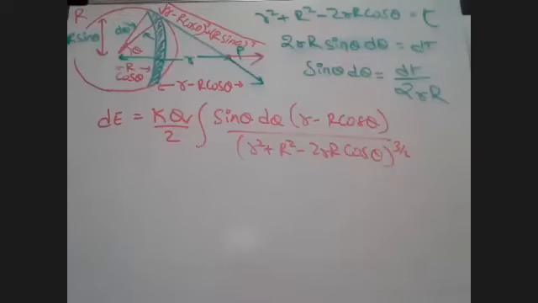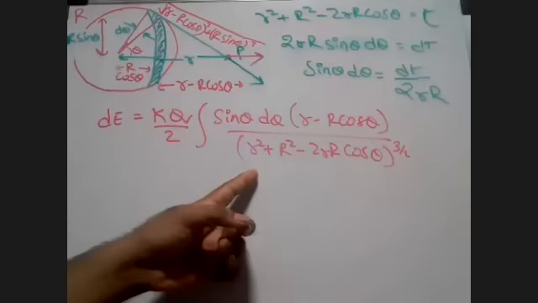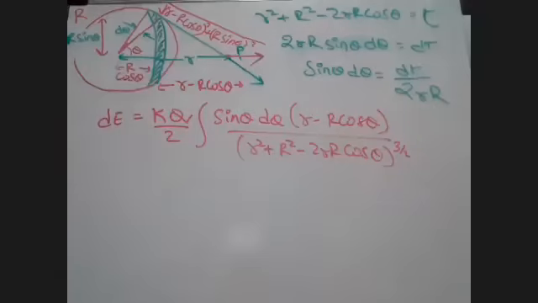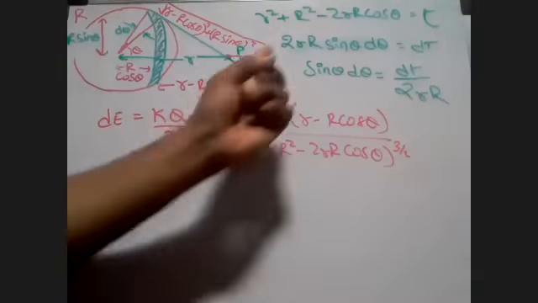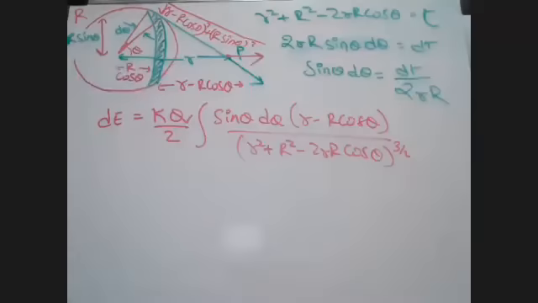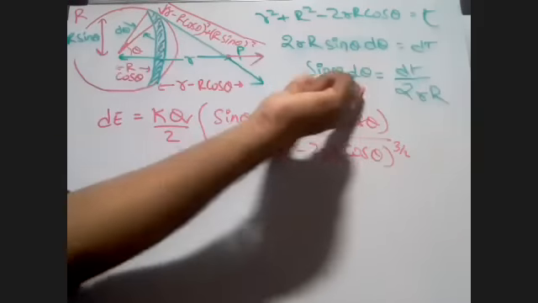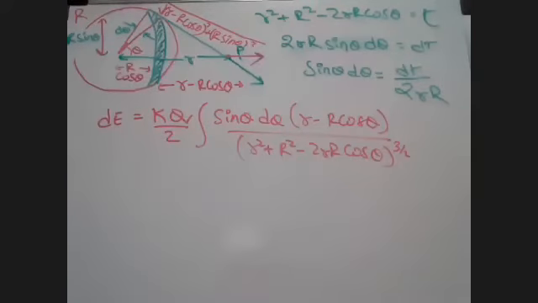Okay, so I've just rewritten these terms again, and you can see that I've written the denominator above as equal to t. When I differentiate it, what I will get is 2rR sine theta d theta equal to dt, and sine theta d theta can then be written as dt upon 2rR.